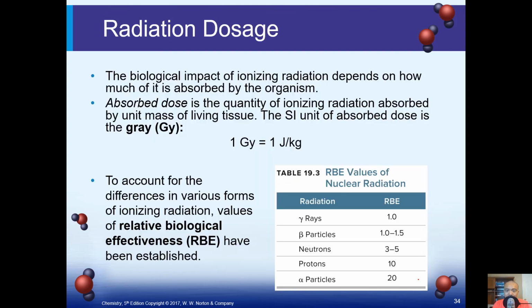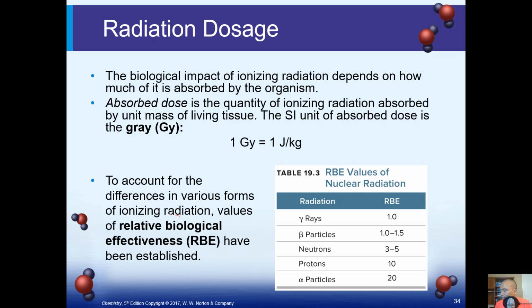The biological impact of radiation depends on how much of it is absorbed by an organism and the type of radioactive particles involved. Because the biological effects depend on multiple factors, we use different units to describe the level of exposure to radiation and to determine the effect it may have on an organism.